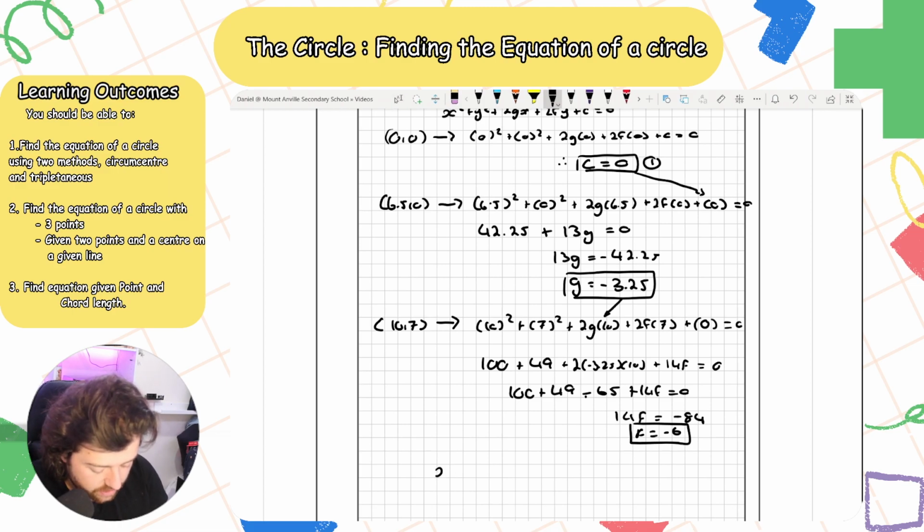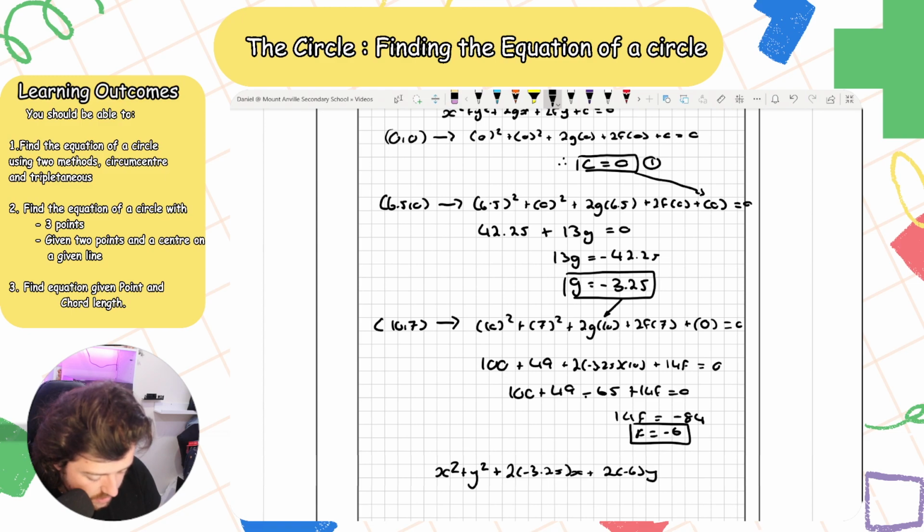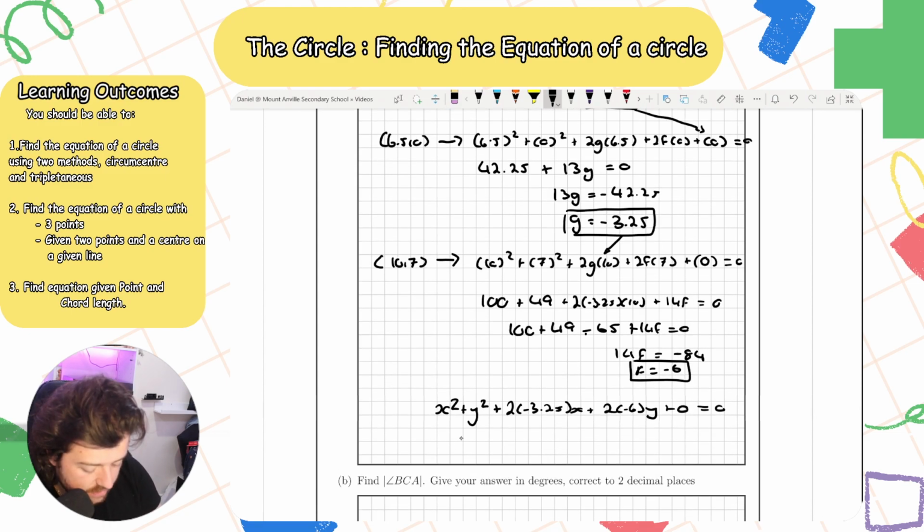So my equation of a circle is x squared plus y squared plus 2g x, so 2 times minus 3.25 x, plus 2 times minus 6 y plus c equals 0. The equation of a circle is x squared plus y squared minus 6.5x minus 12y equals 0.